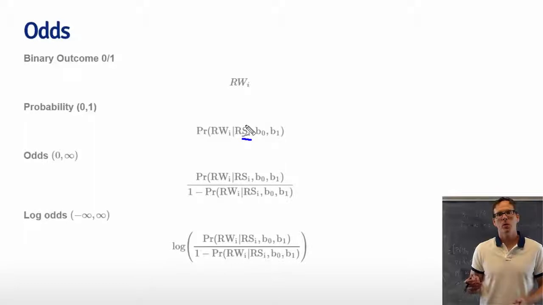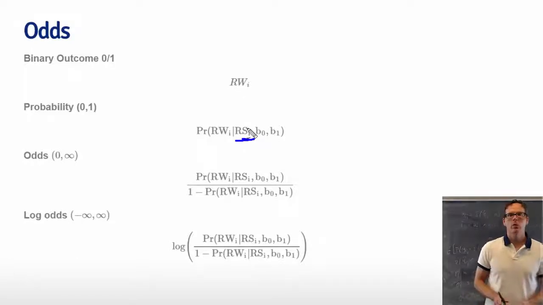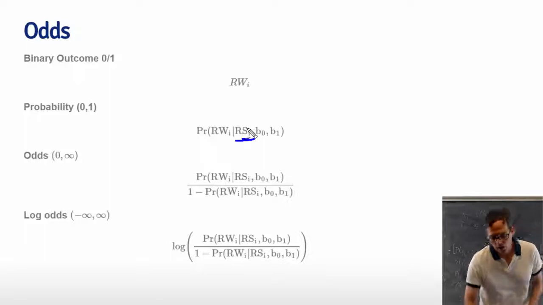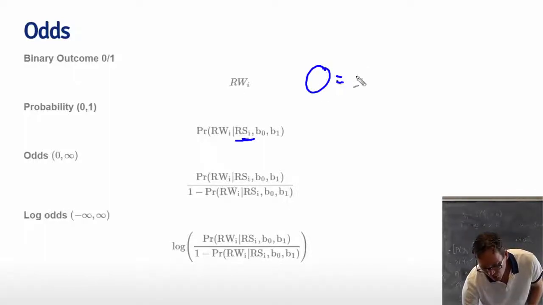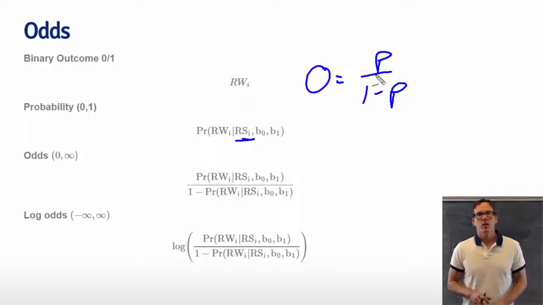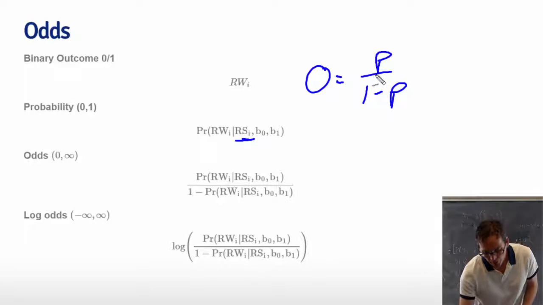However, the success probability will differ from game to game depending on how many points the Ravens scored. So that's the probability we want to model. The odds are defined as the probability over 1 minus the probability, and in a couple of slides I'll describe more about the history of the odds and how people think about it.